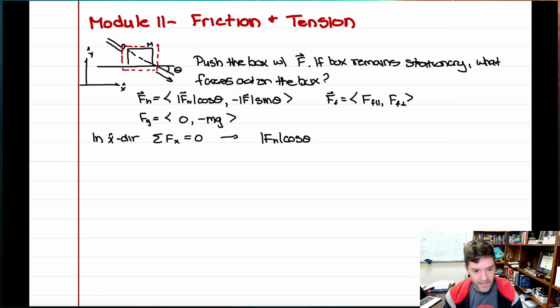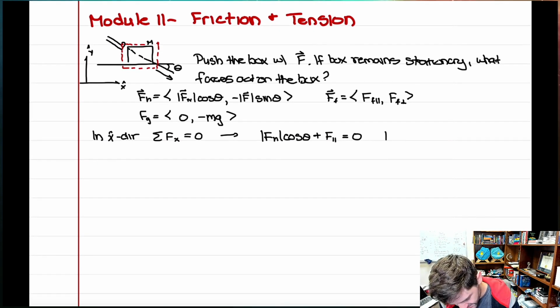And notice if I did not give a horizontal component to the floor, it would be impossible for the box not to accelerate in the horizontal direction, because the force I just wrote down would be the only force, which has to be equal to m times the horizontal acceleration. If I want this to add up to zero, there has to be a second term that cancels out the first term.